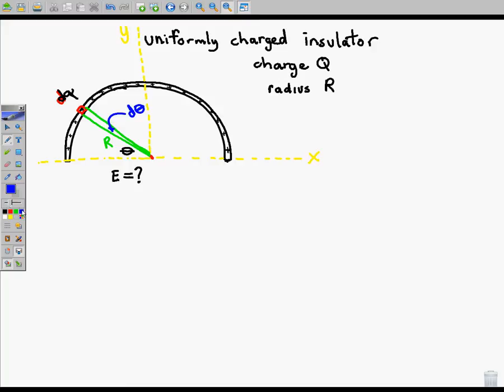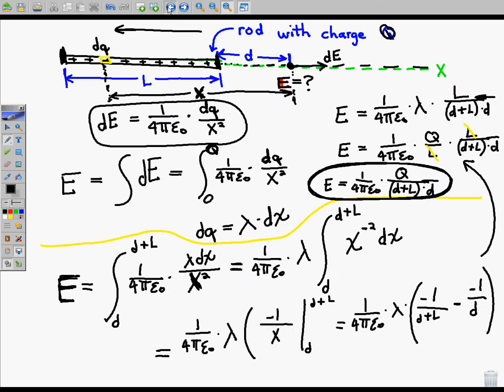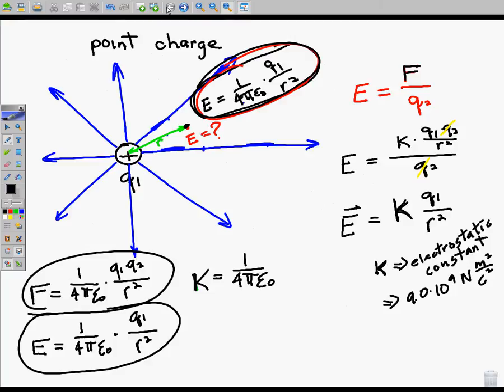So we know that E is going to be the sum, the integral of all of the dE's times sine of theta. But we know that dE from this guy right back here, due to a little q1, is the electric field due to that point charge.